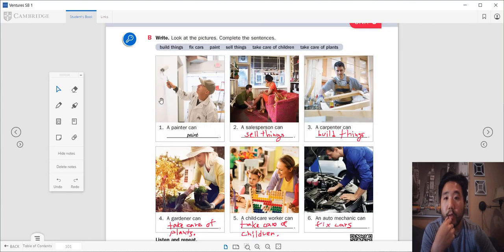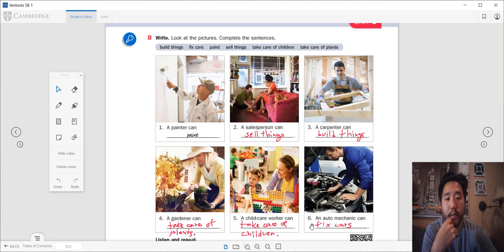Okay. So one more time. A painter can paint. Number 2, a salesperson can sell things. Number 3, a carpenter can build things. Number 4, a gardener can take care of plants. Number 5, a child care worker can take care of children.